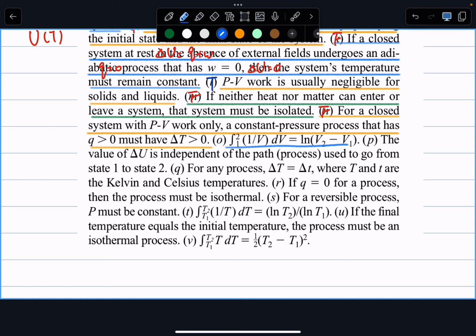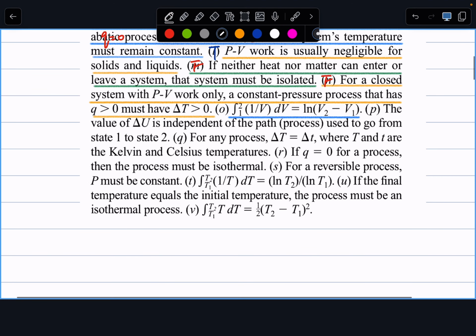Next one, a calculus problem. For these kinds of calculus problems, the best way to deal with it is to solve the calculus yourself and see if they fit. In this case, between state 1 and state 2, we're doing the integral of 1 over v dv. Solving it, we have ln v between state 1 and state 2.